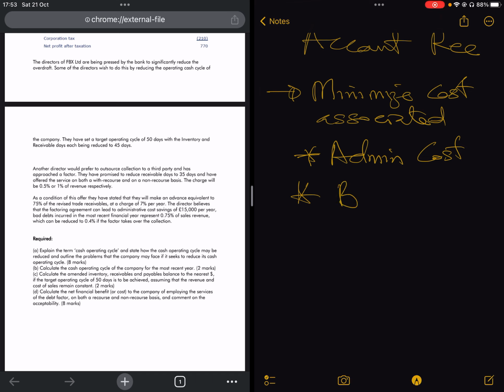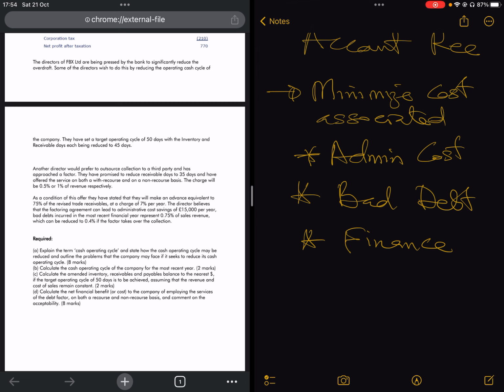Another one is the bad debt cost. Because if you have a receivable, there is a likelihood that a certain percentage of that receivable will never be collected, and that's a bad debt that goes straight away into your expense. And that's loss of profit and eventually erosion of shareholders' value. And lastly is the finance cost. Inasmuch as you have money uncollected, you have to finance that account receivable with an overdraft.